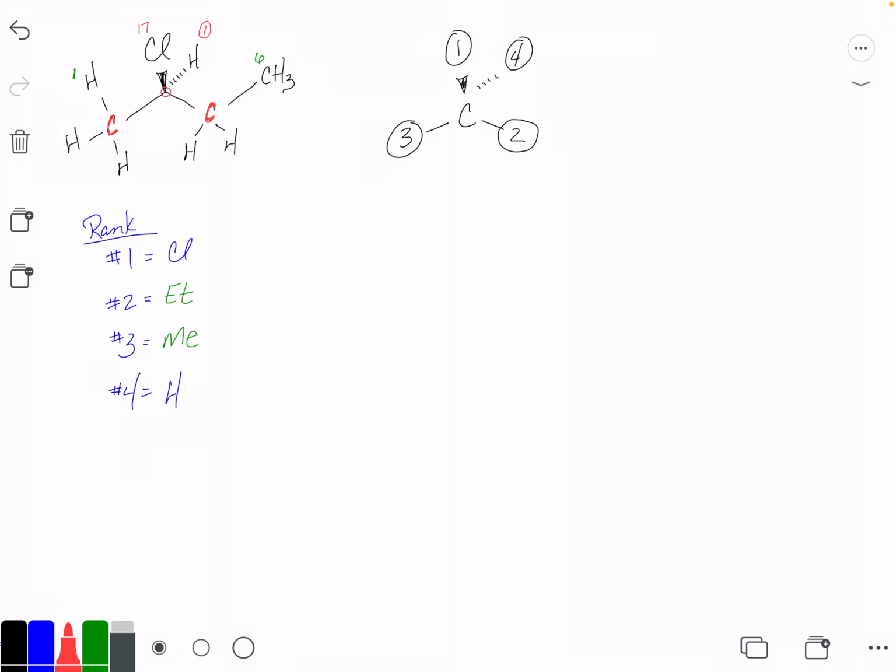Once number 4 is pointed away from us, we look at the rotation from 1 to 2 to 3. We see what direction that is, and since that's clockwise, we'd say that's the R configuration. And so the name of this molecule overall would be R, and then its main name, which is 2-chlorobutane.